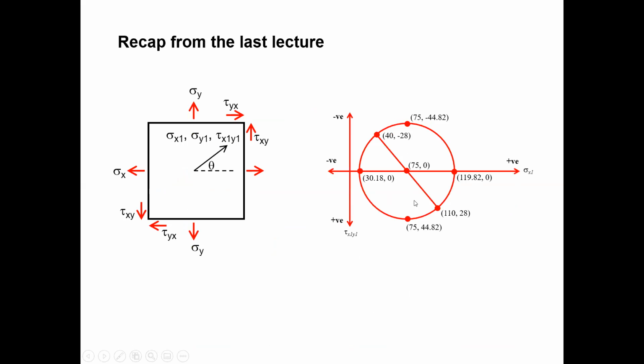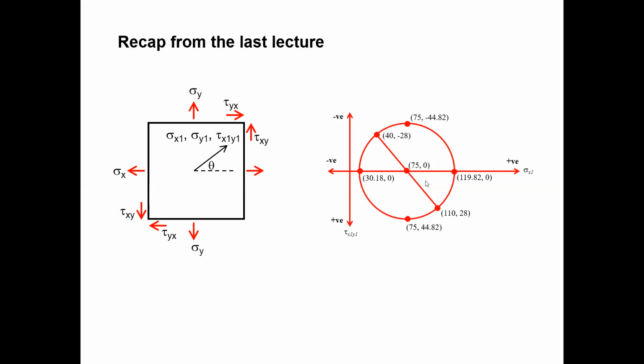And then we need to know how to draw the Mohr circle. When you draw the Mohr circle, a very important thing is that you need to find the center. When you find the center, you need to consider the X coordinate as the average stress, and then the Y coordinate will be 0.